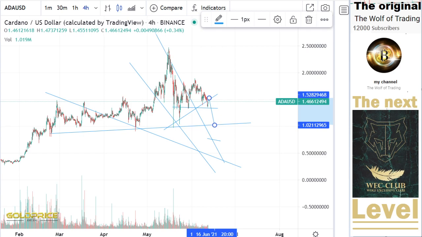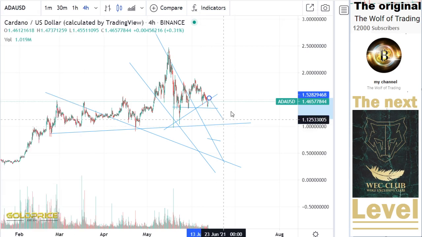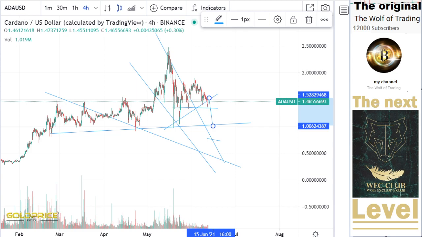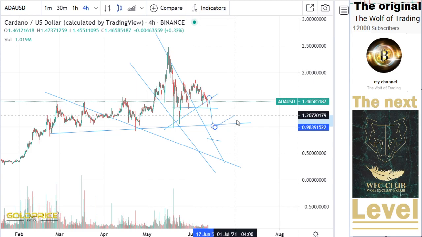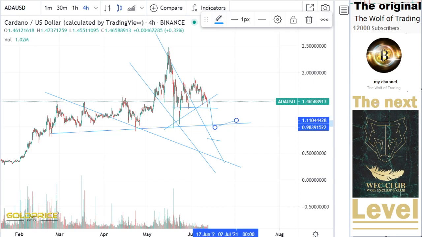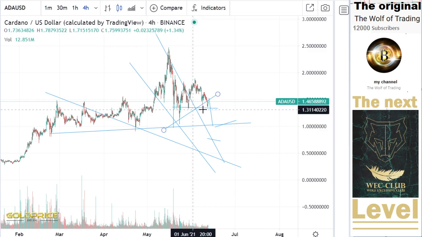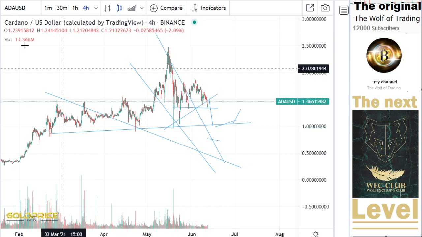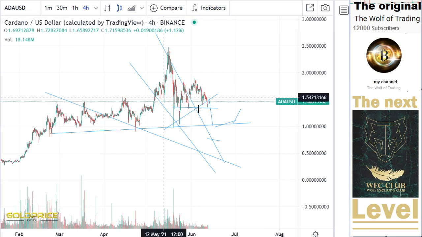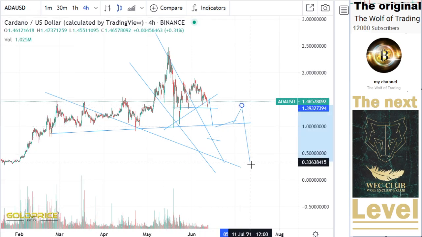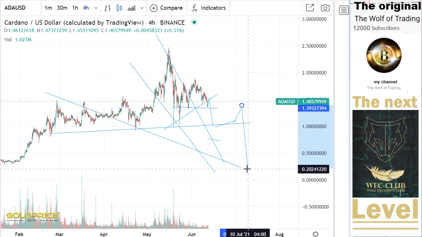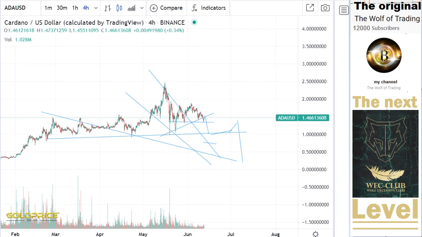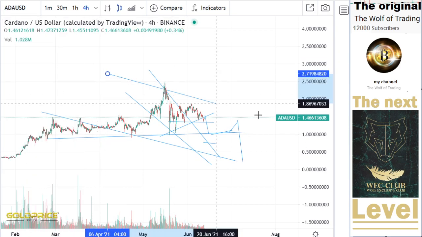And then I think we could test this level here again, something like that, because this was a very important level. And then the last move could take the price really to the downside here. Yeah. So I would say next week is very important.